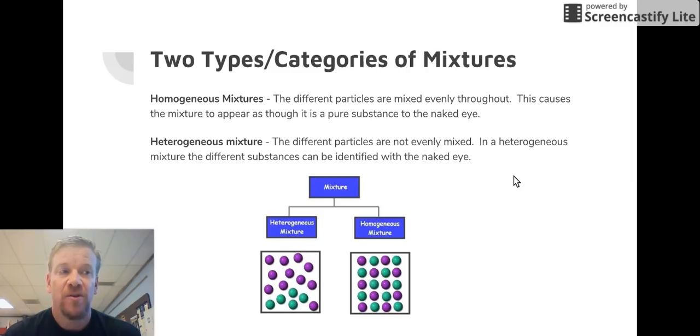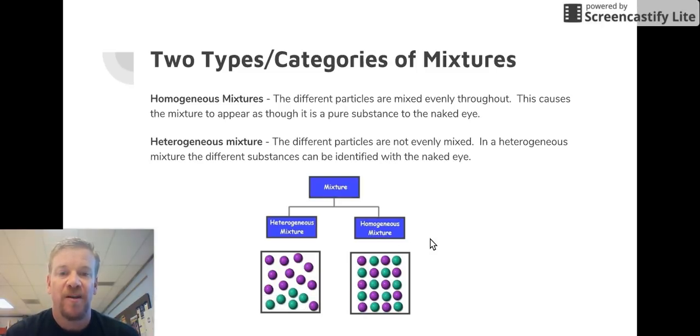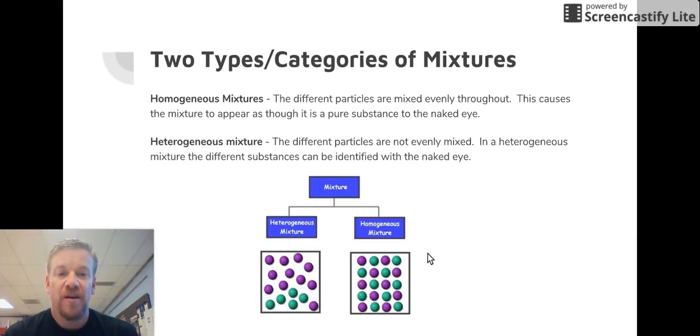And also, those salt particles get evenly distributed throughout the water. I don't have one area where there's a high concentration and one area where there's a low concentration. So down here, you can see this image is going to represent what a particle model for a homogeneous mixture might look like. You can see that the purple circles and the green circles are not chemically bonded. They are just physically mixed together, but they are evenly distributed throughout the sample of that substance.